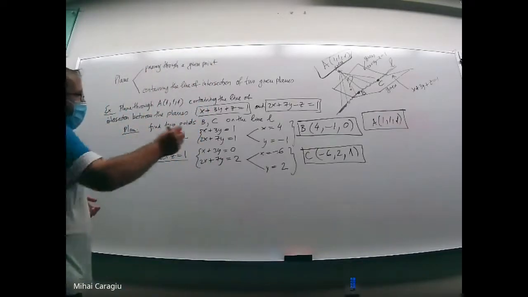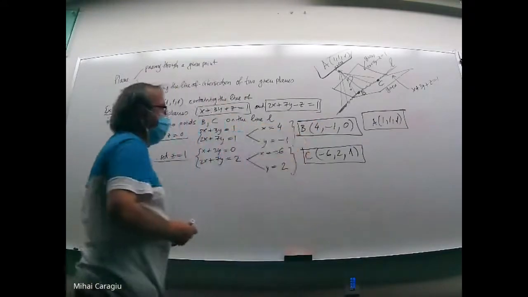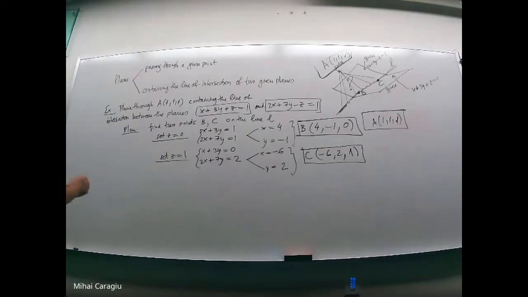So from A, B, and C, A is given and B and C are calculated. Let's calculate the AB vector. It is B minus A, so (3, -2, -1).